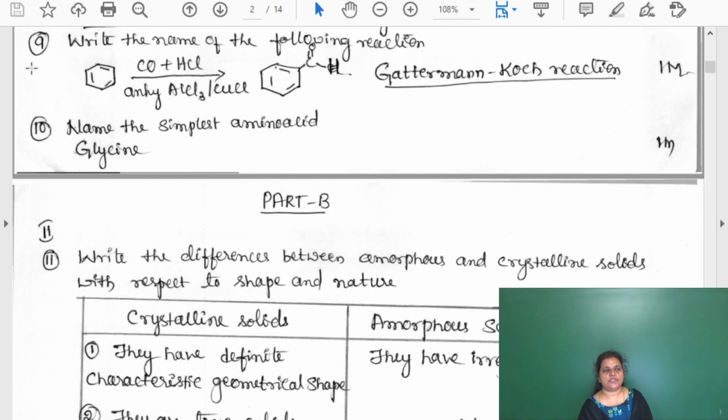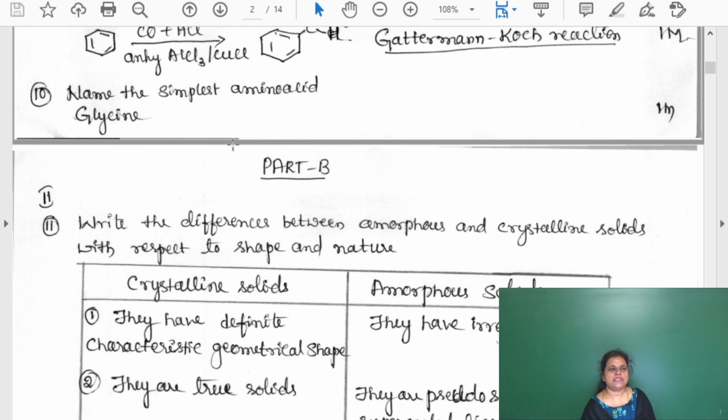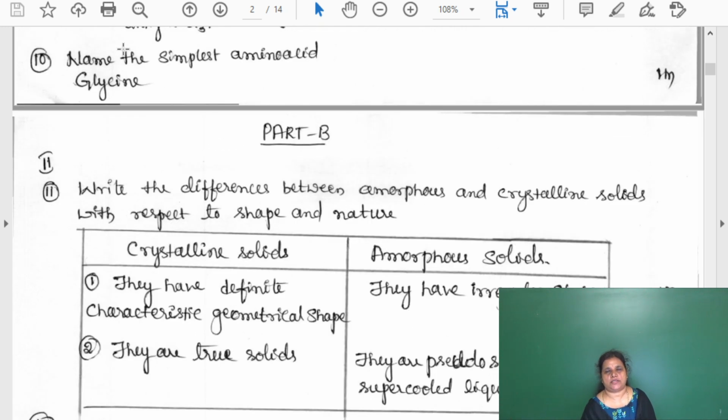Next one is question number 9. Write the name of the following reaction. In the reaction, benzene reacts with carbon monoxide and HCl in presence of anhydrous aluminum chloride and cuprous chloride, and it gives rise to benzaldehyde. The reaction is called Gattermann-Koch reaction. Name of the reaction is Gattermann-Koch reaction, that carries 1 mark. Now, name the simplest amino acid.